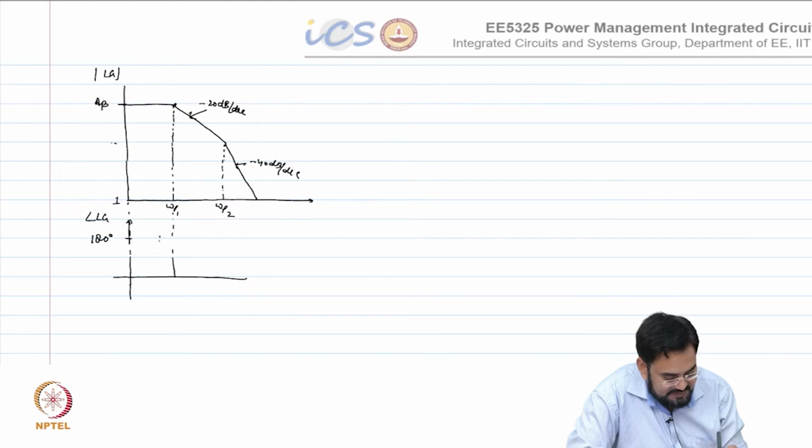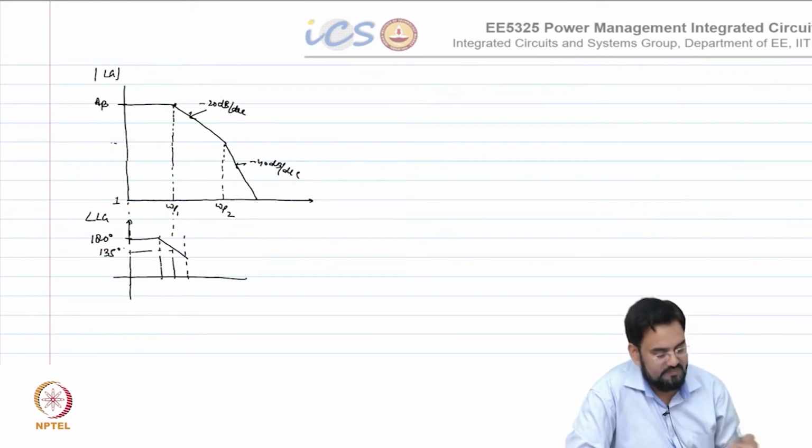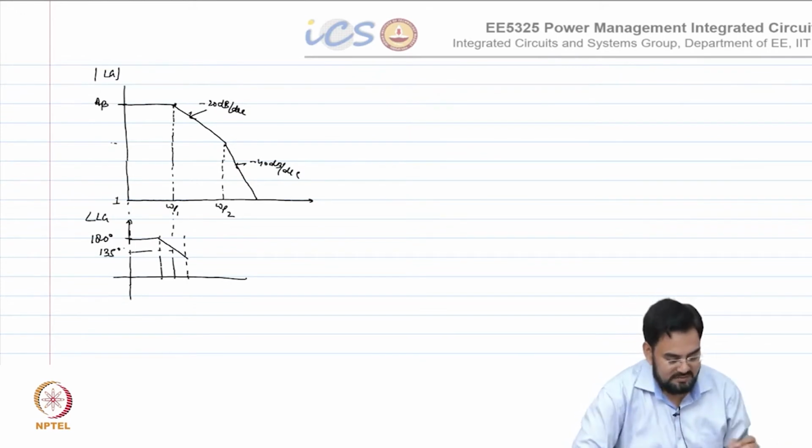So if let us say this is 10 times lower and 10 times higher, so your phase will start dropping from here. So this will be 135, correct.